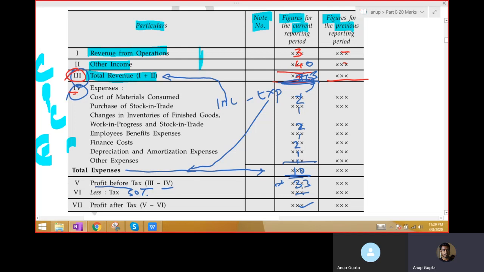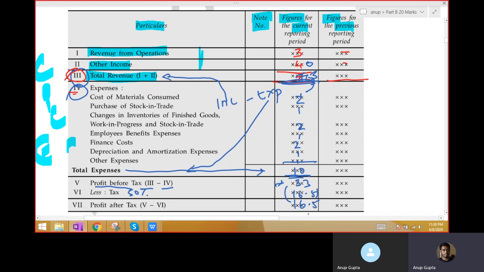So tax is 50%. 50% of 33 will be 33 divided by 2, 16.5. So the profit is 33, the tax is 16.5, and profit after tax will also be 16.5 here.